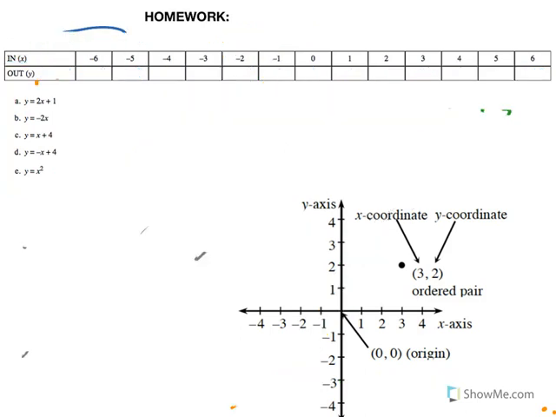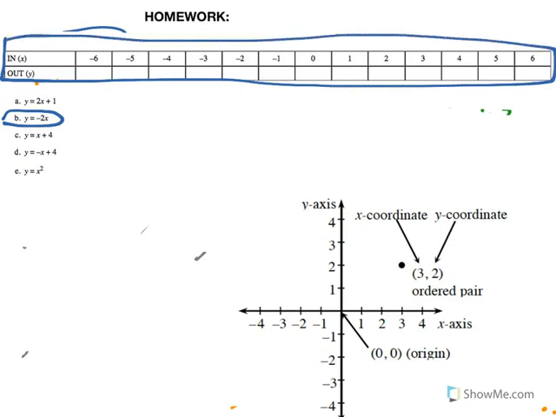Now if you recall in class, we did y equals negative 2x. This one right here. In your notebooks, you should have an x and y table like this. And now we plug in what y equals when the rule is y equals negative 2 times whatever the x is.